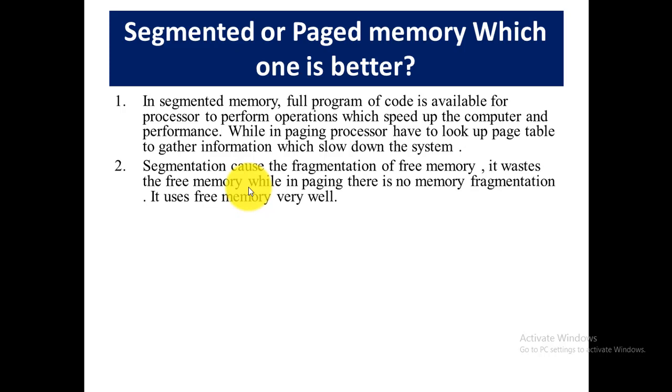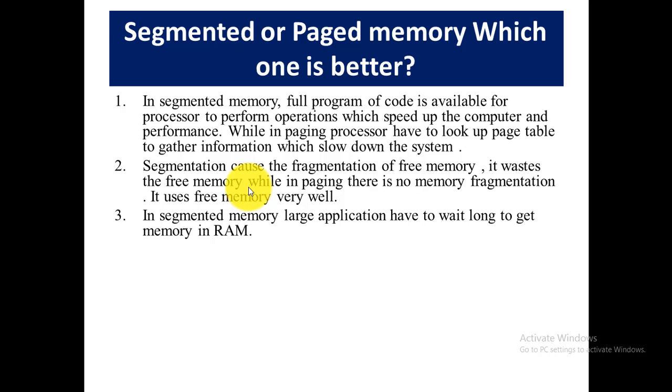Segmentation causes fragmentation of free memory. It wastes the free memory. While in paging, there is no memory fragmentation. It uses free memory very well. In segmented memory, large applications have to wait long to get free space in RAM.